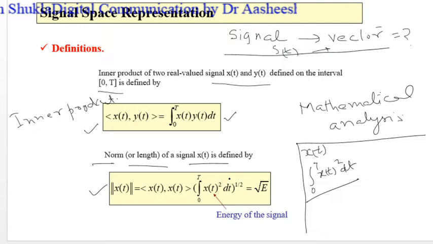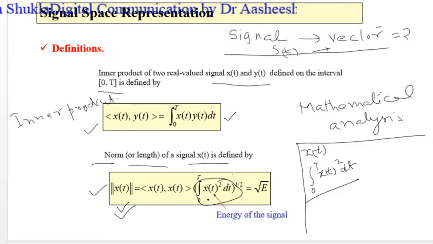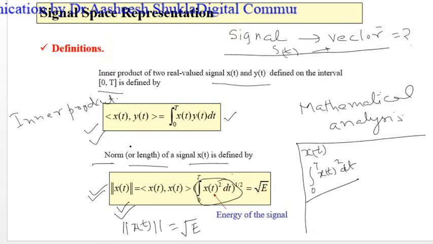So the norm, or the length, will be the square root of the inner product, or the square root of the energy of the signal. So we have seen what the inner product is and what the value of the norm is, to use both these formulas when we use the Gram-Schmidt orthogonalization process.